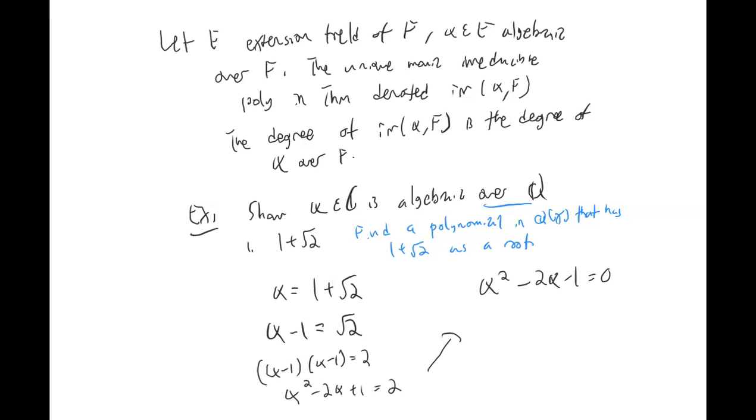Come on. I wrote it down. It's right in front of you. This should be easy at this point, right? Alpha is a root of something where I plug in alpha and I get 0.